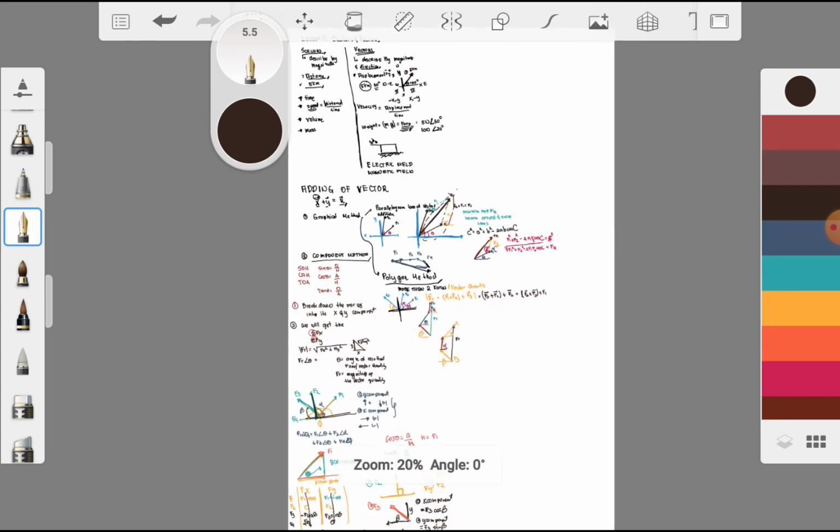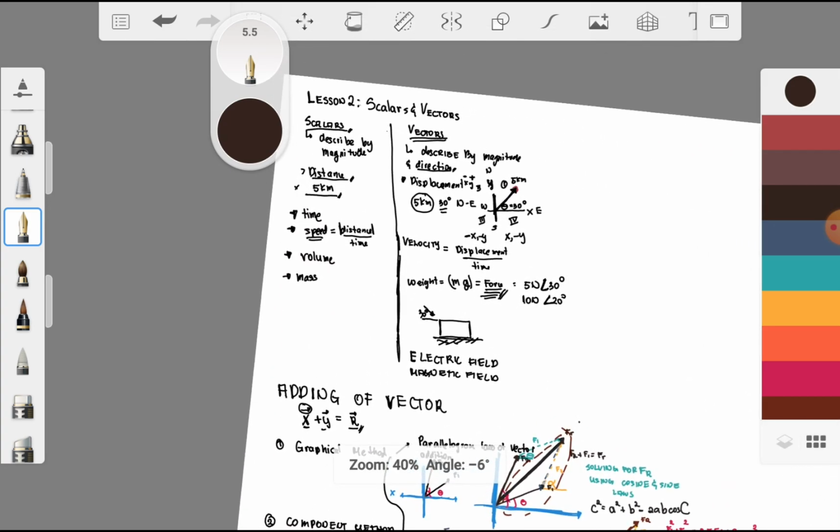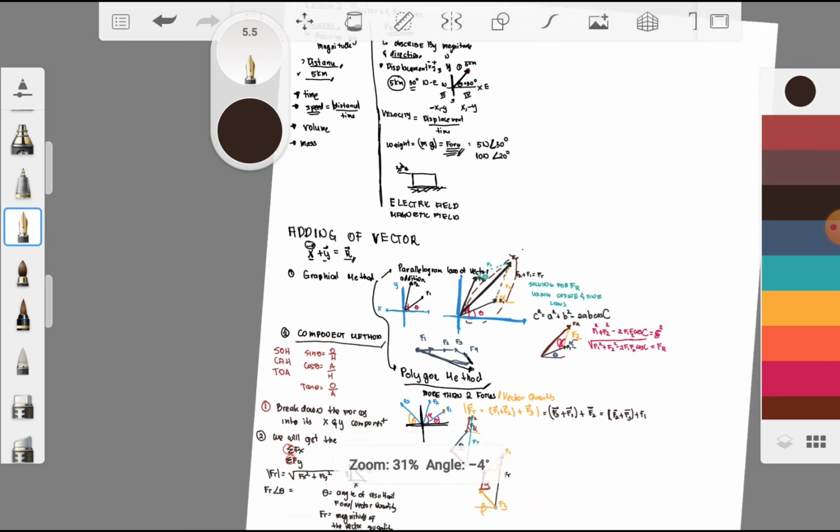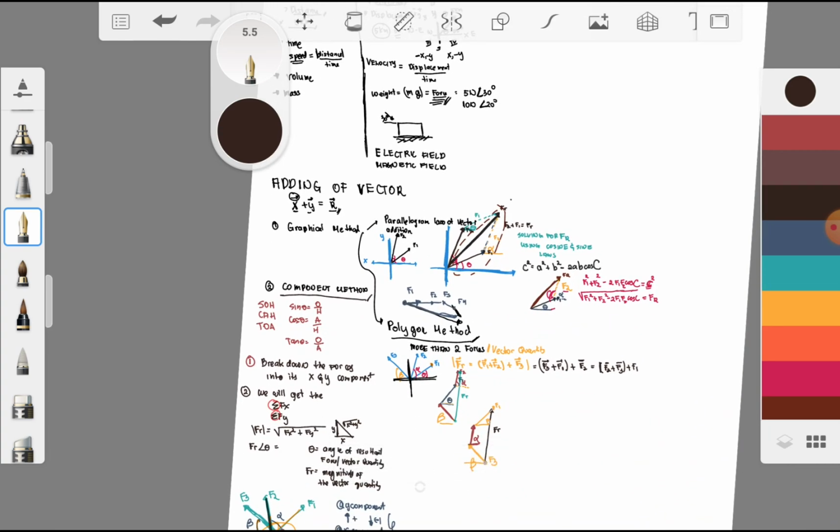So let us recap the lesson. We have our scalar and vector quantity. Scalar quantities have magnitude only, and vector quantities have magnitude with direction. In adding vectors, there are two methods: your graphical method and your component method. In the graphical method, you can use the parallelogram law and the polygon method. If you are using the graphical method, always be aware of the direction of the arrows.